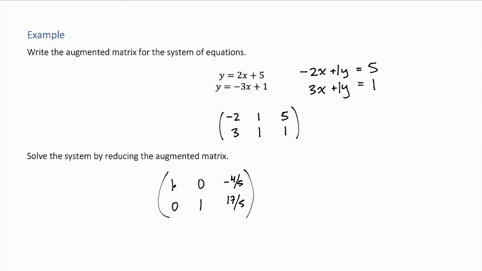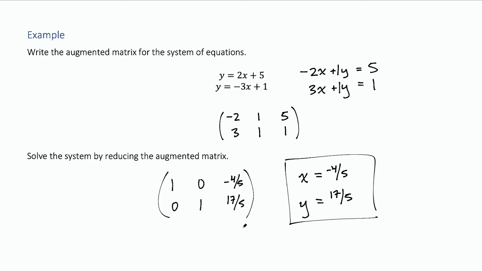This first one is 1x plus 0y equals negative 4/5. And the second row corresponds to 0x plus 1y equals 17/5. And so that's our solution to the system of equations using the augmented matrix.